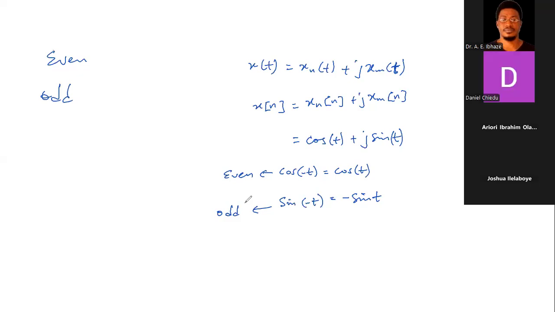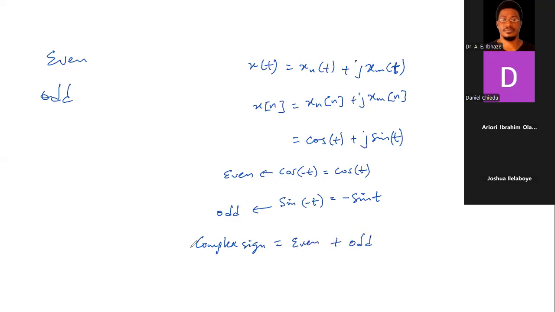Okay. So now that brings us to what an even and odd signal is. Now we've been able to separate the components of a complex signal. So meaning a complex signal is the sum of the even signal and the odd signal.